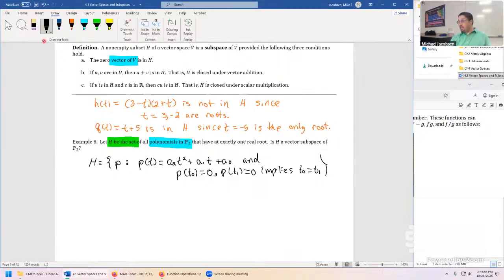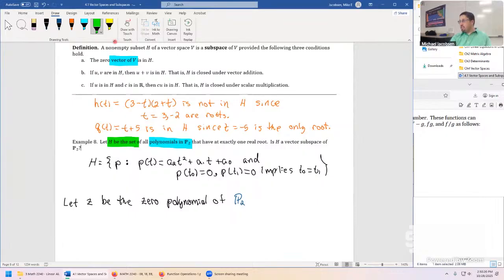Let's start by saying, we like to reserve z as a function to be the zero polynomial or the zero function. Let z be the zero polynomial of P2, the larger vector space V in the definition.